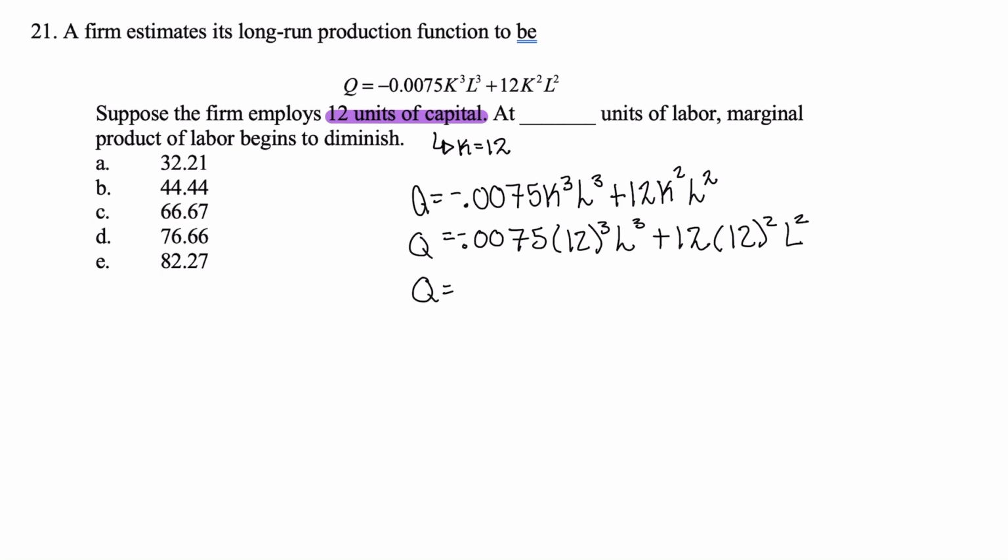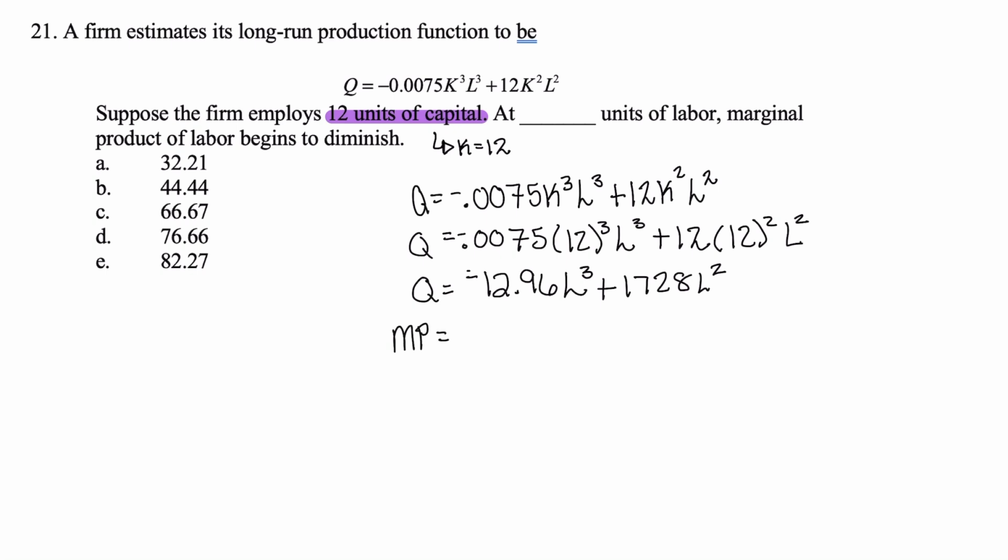So we get Q equals negative 12.96 L to the third plus 1728 L squared. And then we're going to use our marginal product of labor formula.